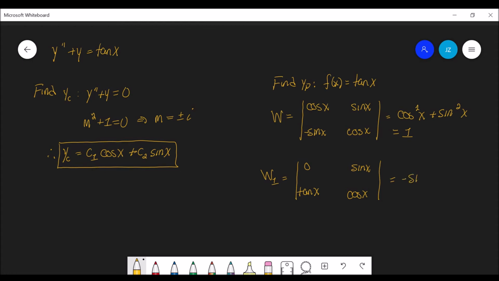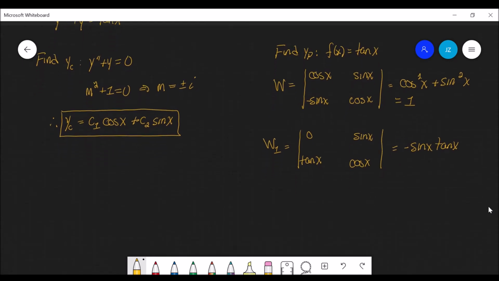So this becomes negative sine x tan x. W2 is a determinant. We'll replace column 2 here with 0, tan x, and then column 1 remains the same.